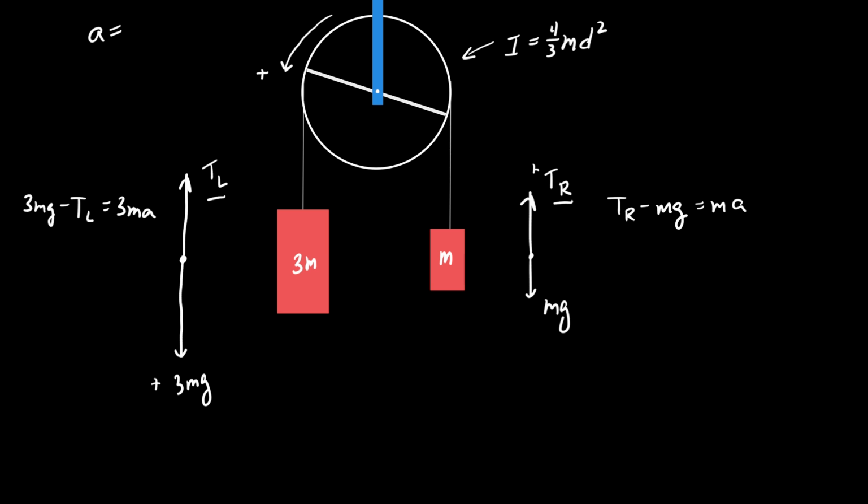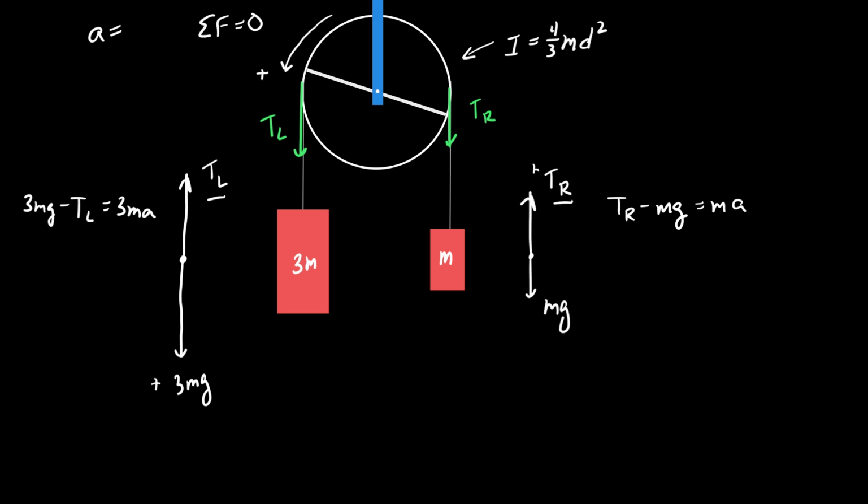A few of you had other stuff here, listing other forces, but we don't know what's here yet. We don't know the size of these two forces. We do know that those two forces act on the pulley. So the pulley is experiencing TL on the left side and TR on the right side. Those are acting directly on the pulley. So the pulley is experiencing a net force of 0 because the pulley doesn't go anywhere.